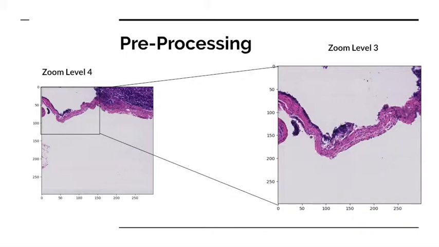Because of that, on zoom level 4, in order to determine if it is cancerous or not, we look at a 128 by 128 upper left-hand window, and if any pixel in that is cancerous, then we label the whole image as cancerous. The reason we chose that, again, is because of how OpenSlide zooms in on the upper left-hand corner.